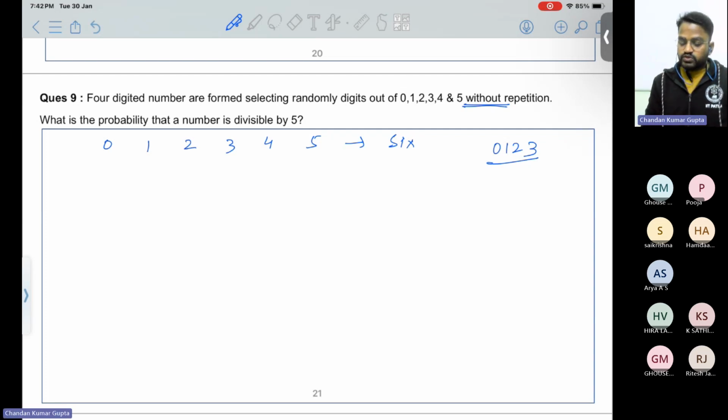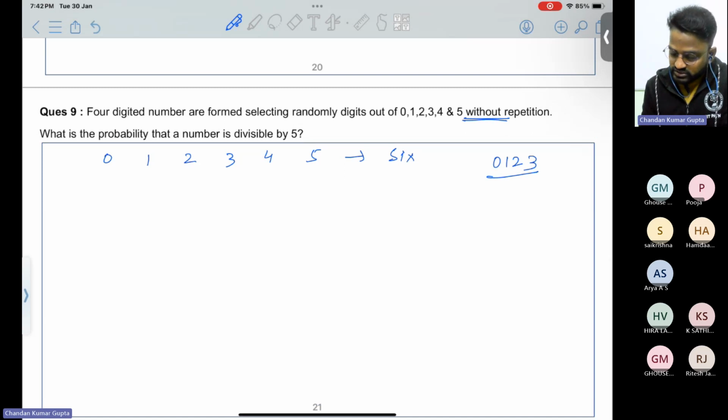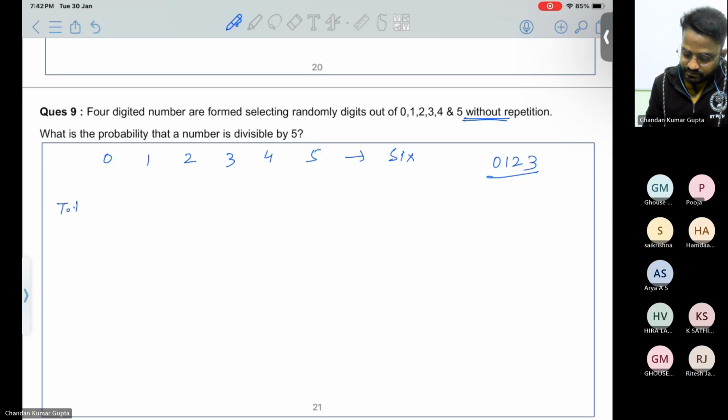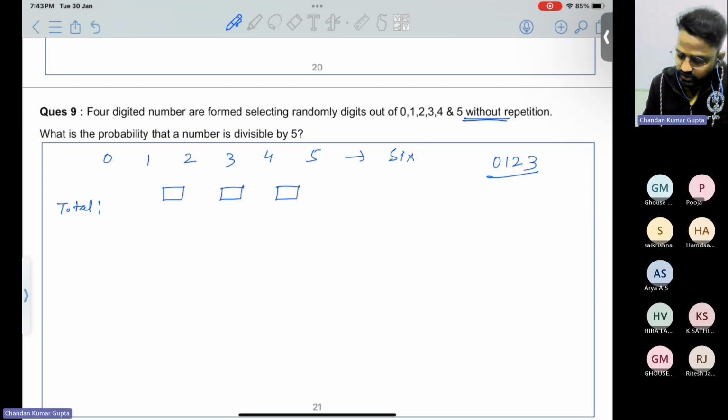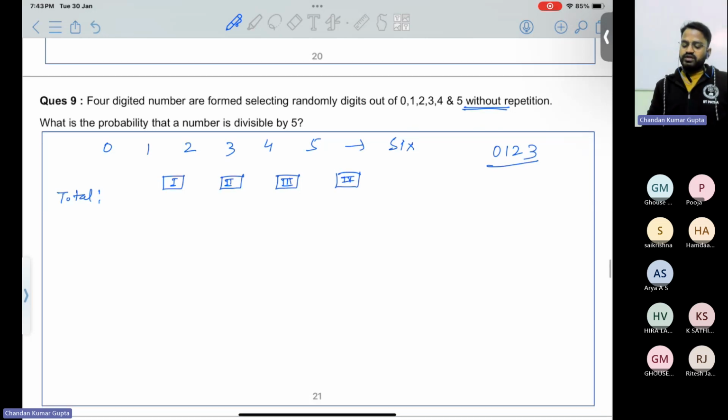So our aim is to find the total possibilities and favorable possibilities. So total, in this current scenario, how many numbers are generated from these 6 given numbers? Suppose this is the first number, second, third, fourth. The same concept that we have used in the previous question. So how many possibilities are there for the first digit?